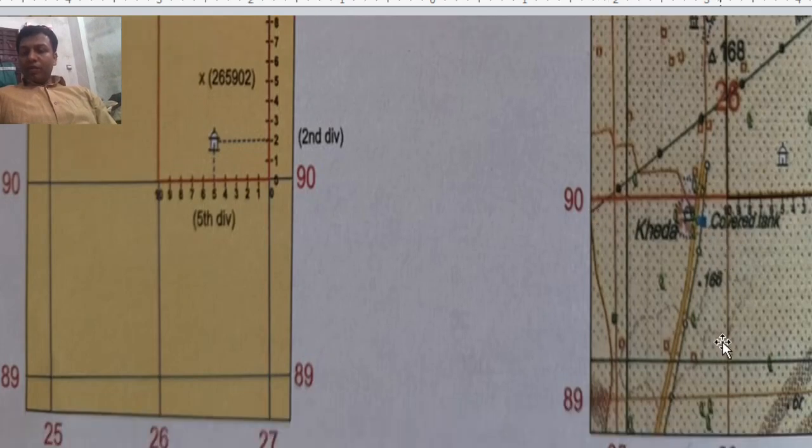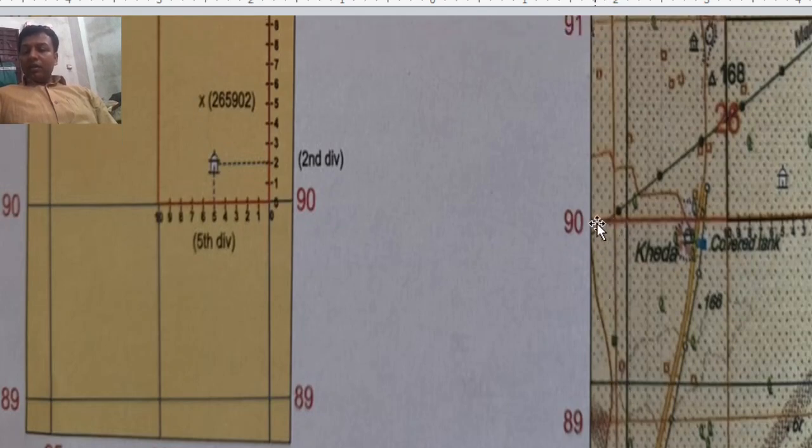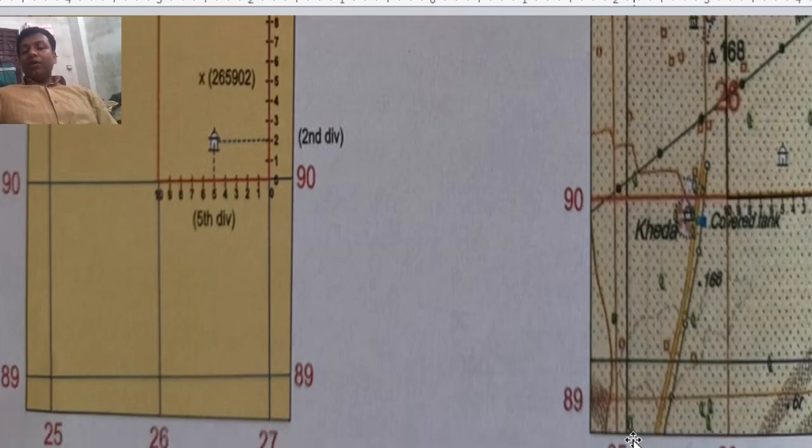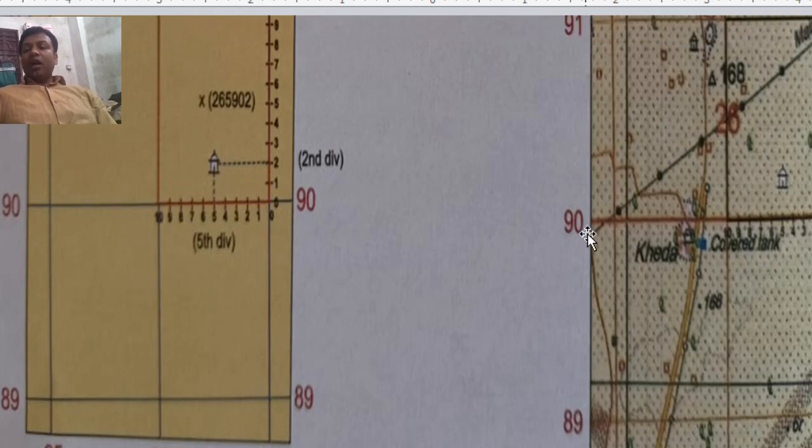Okay, wait. This is 25. The triangulated height is written here. So this is 25 7, and in northing it is 90, and if you want to count 1, 2, 3, 4, 5, 6 like that, we have here 8, 9. So we have 25 7 9 0 9, like that.